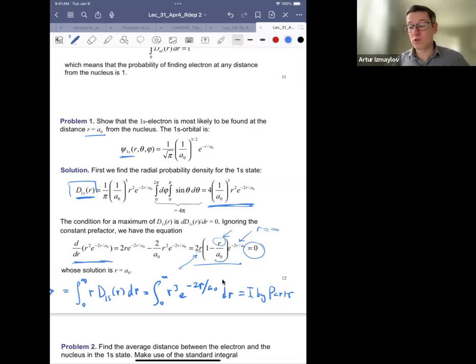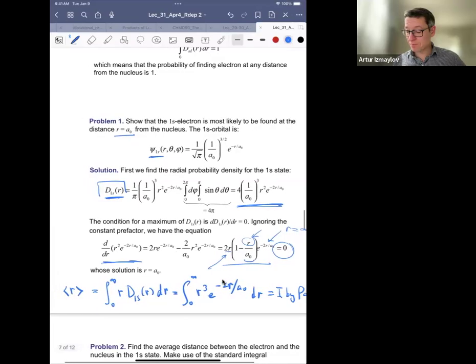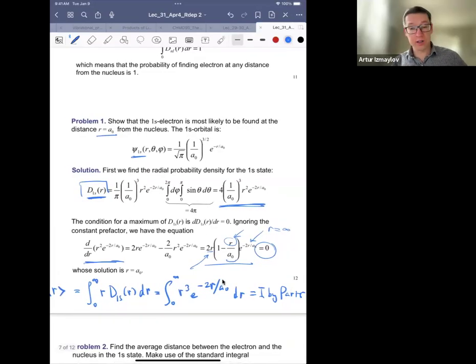If it's growing, then you're at a minimum, right? So the solution becomes r equals a0. So that's why the Bohr radius could be thought of physically as the most probable distance from the nucleus to find the electron when the electron is in the 1s orbital.